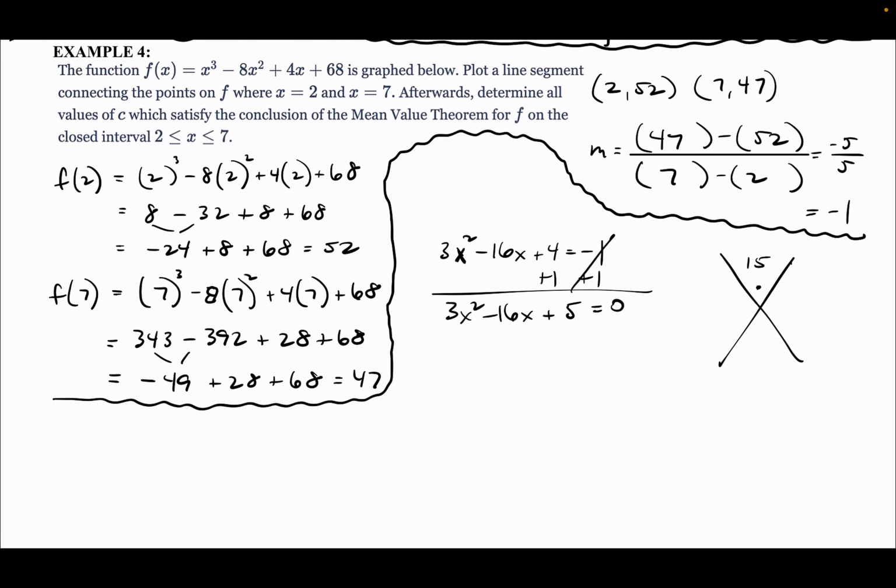Wouldn't your slope be positive? No, y2 is 47, y1 is 7. No, I got -1.